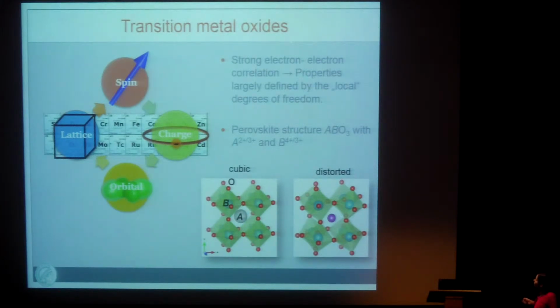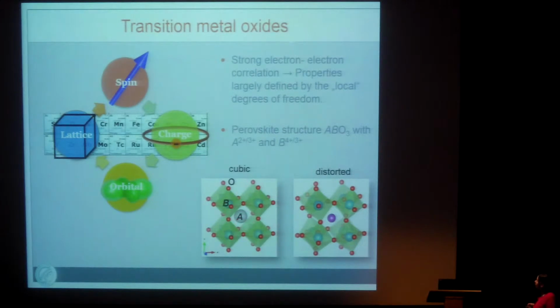A very common structure, as we already heard, is the perovskite structure, which has an ideally cubic structure with an A cation in the center of the cube, and the B cation at the corner, surrounded by 6 oxygen, forming an octahedron.